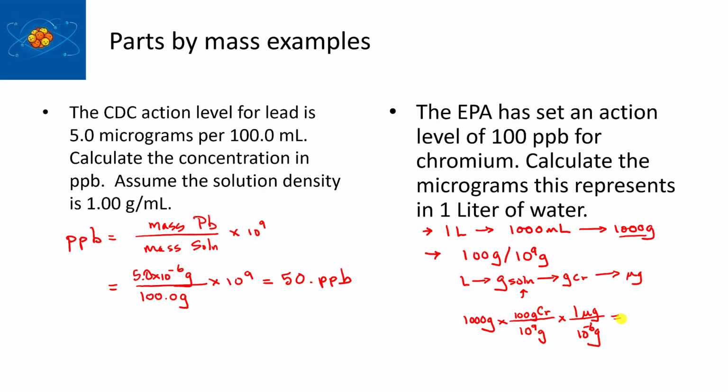And so when I do the calculation, it comes out to 100 micrograms of chromium in the water. Okay. And it makes sense if you think about the numbers: here I got 50, and with the numbers I was given here, I get 100. Okay.